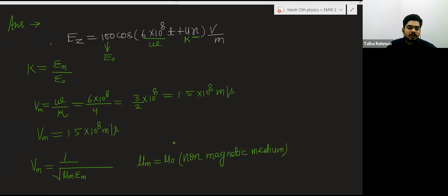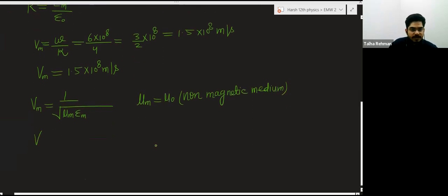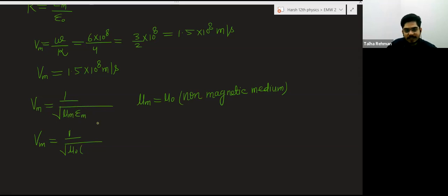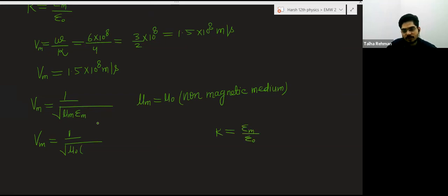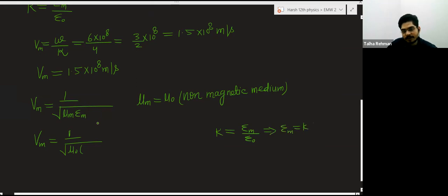So we can write this as 1 upon under root of mu naught times epsilon m. There is a relation for the dielectric constant, that is epsilon m divided by epsilon naught. So from here we can calculate epsilon m, that is k times epsilon naught.